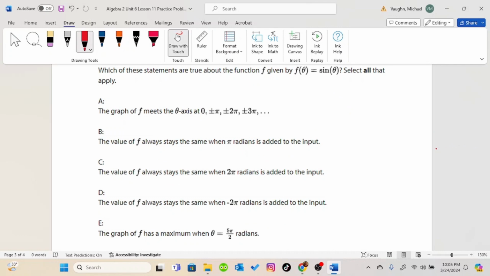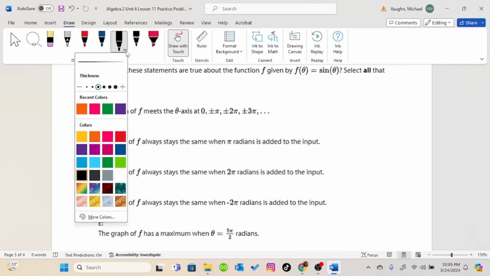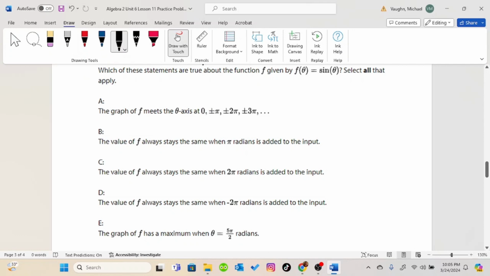Which of these statements are true about the function f given by f of theta equals sine of theta? Select all that apply. So when we have a graph of sine theta, we have the y-axis and we have the theta axis.